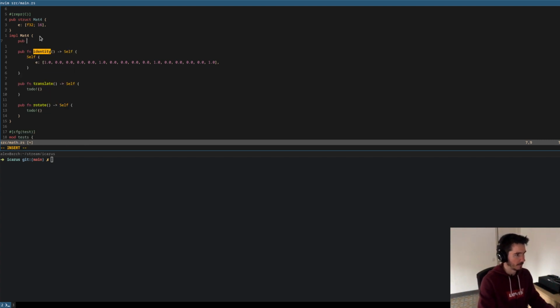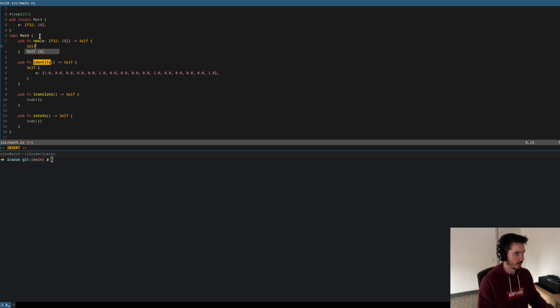So new is gonna take an array of 16 floating point numbers, and it's just gonna assign those and return self.